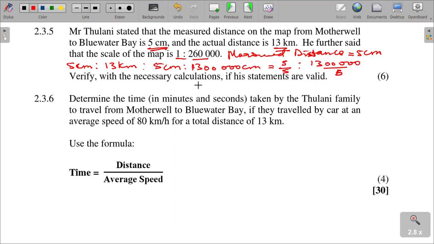When we put this through the calculator and divide by 5, we will see that it gives us 260,000.